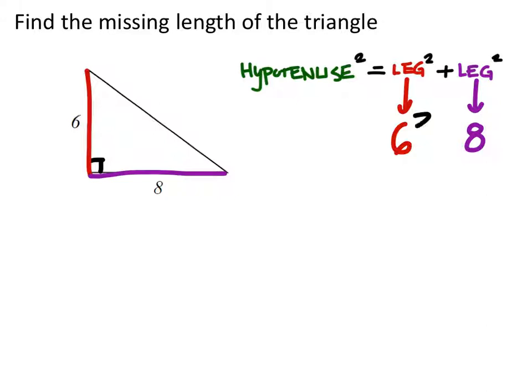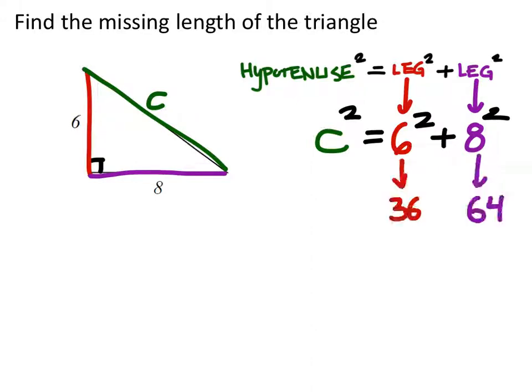And I know when I square these two together and then add those two squares, I get the hypotenuse, which we don't know right now, so I'm going to say it's x. You know, actually, just to keep it kind of consistent, we'll say it's a c value. So that would be the hypotenuse as a square as well. So let's evaluate these squares. So 6 to the power of 2 is 36, and 8 to the power of 2 is 64. And we'll just fill in the rest of this.